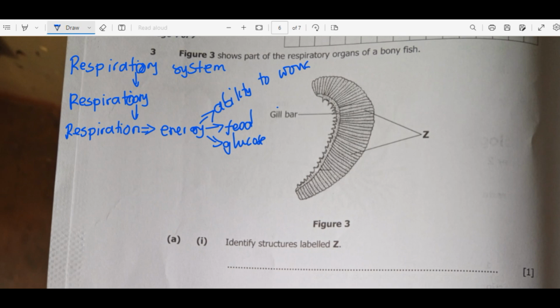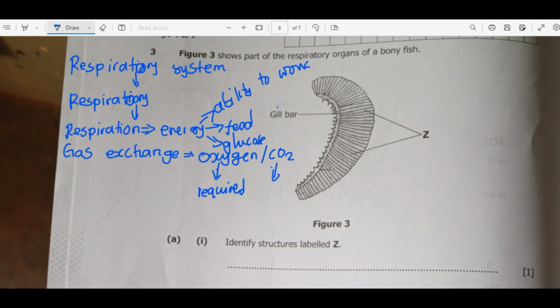Now, if we look at gaseous exchange, as we can see from the word exchange, there should be gases that exchange. If one leaves, the other one must enter. Gaseous exchange is all about oxygen and carbon dioxide. Oxygen is considered a requirement, it's needed in the body, while carbon dioxide is considered a waste product.